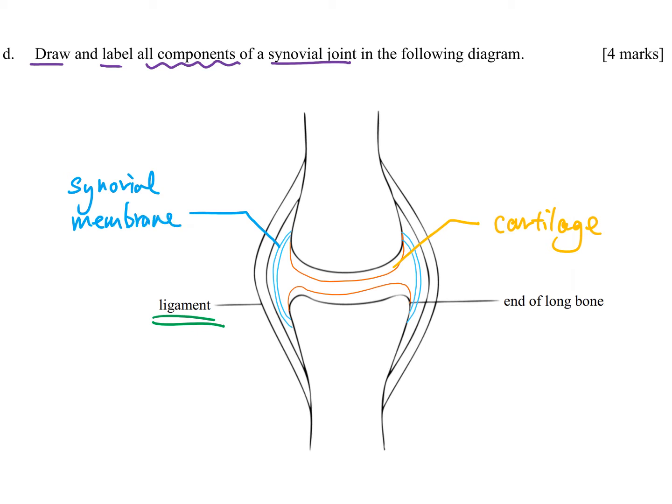And inside the synovial membrane, what would you find? You should be able to find the fluid called the synovial fluid. Let's label the fluid inside the synovial membrane. They are called the synovial fluid. 滑液. This is all the structure which you can find in the synovial joint.